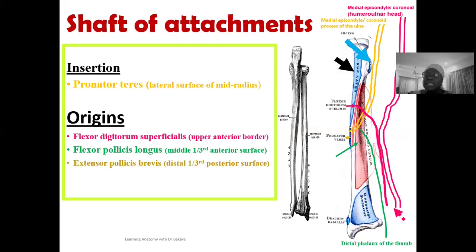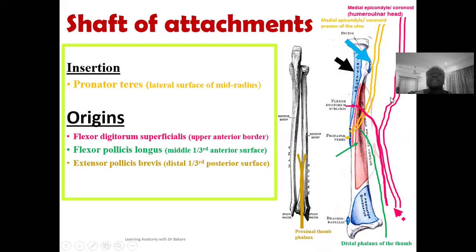The extensor pollicis brevis is seen to emerge from the distal one-third of the posterior surface of the radius. Don't forget that this is the posterior view, and at this point here is where we have the distal one-third of the posterior surface of the radius. This is what creates the origin site for the extensor pollicis brevis. And you see the fibers also extending from the interosseous membrane around this level, where they are finally seen to descend downward to insert on the thumb.